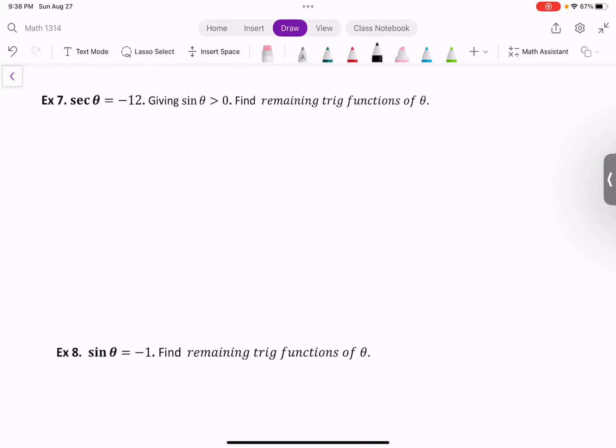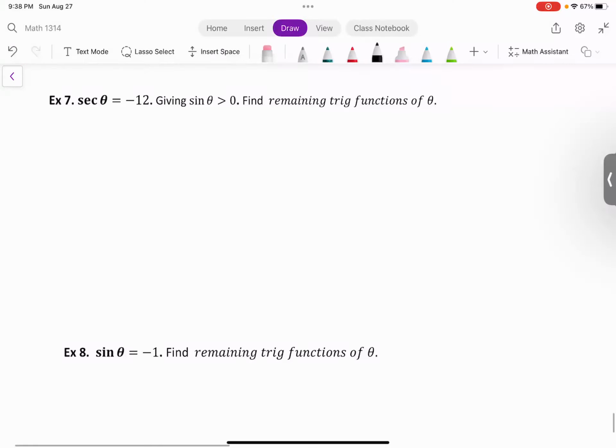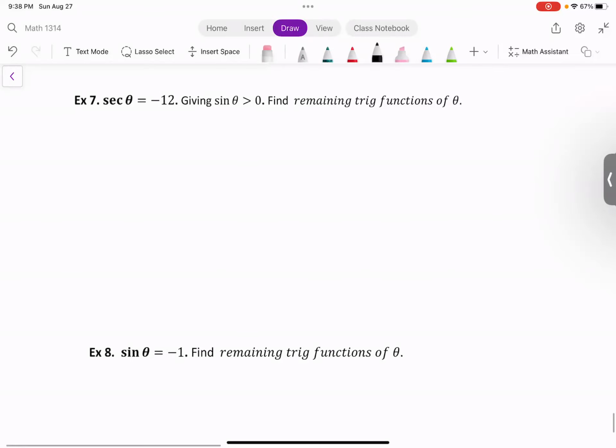So first, let's see, where is the theta? It didn't give us any information. The theta is in the first, second, third, or fourth quadrant. We need to figure it out by ourselves. So we can graph it, the xy plane. So secant is negative.